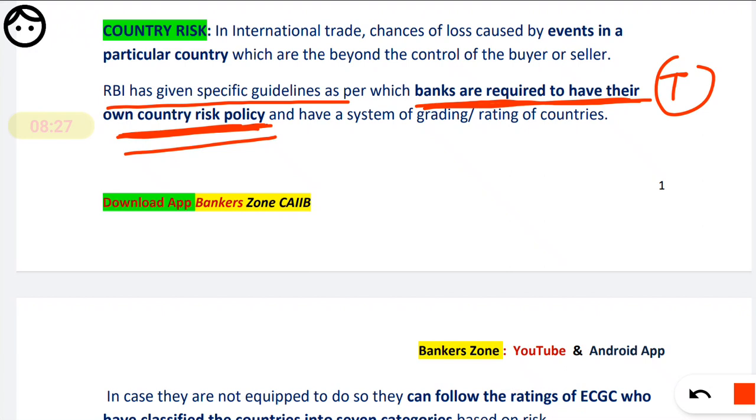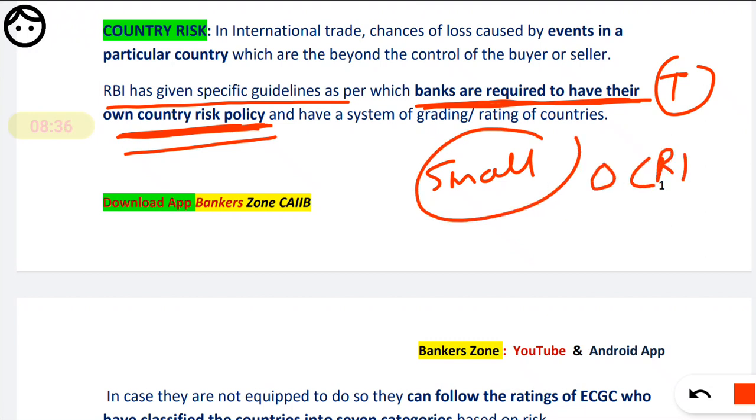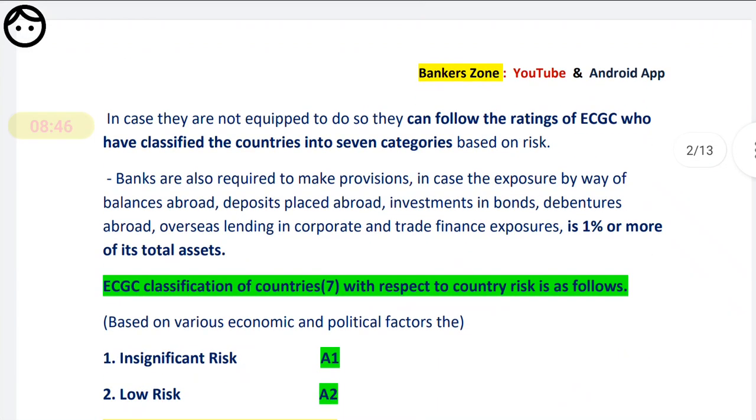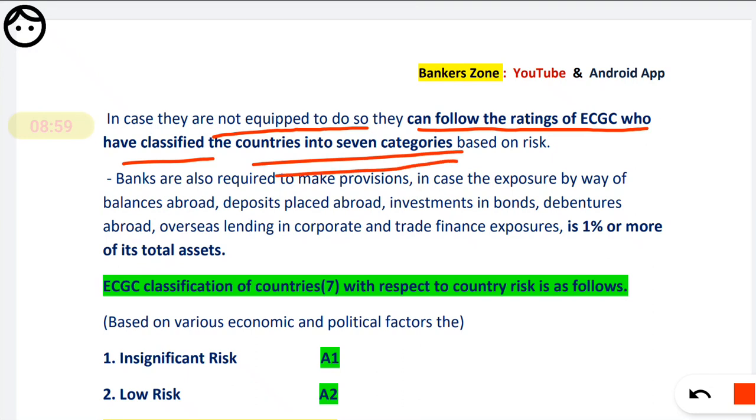In case there are small banks which are not able to formulate their own country risk policy, if the banks are not equipped to do so, they can follow the ratings of ECGC, who have classified countries into 7 categories.